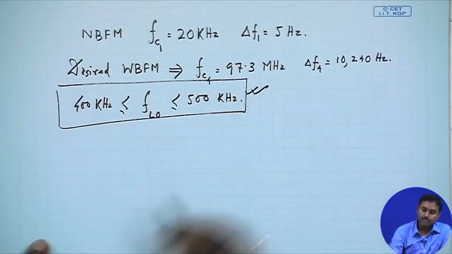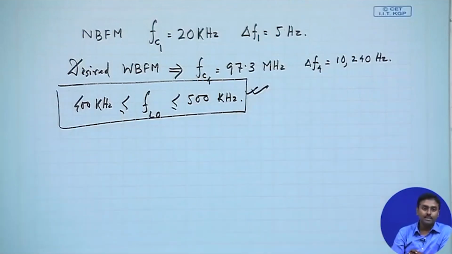And for the multipliers, only quadratic nonlinearity is available. So, this is something you already know. Therefore, for the 2 multiplication stages we were talking about, in between there should be a local oscillator induced frequency translation.